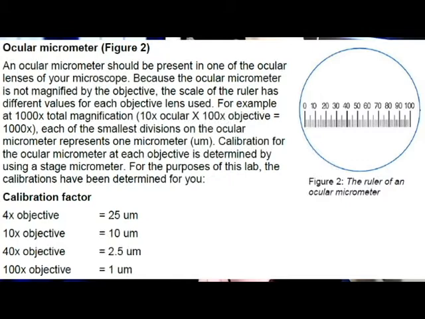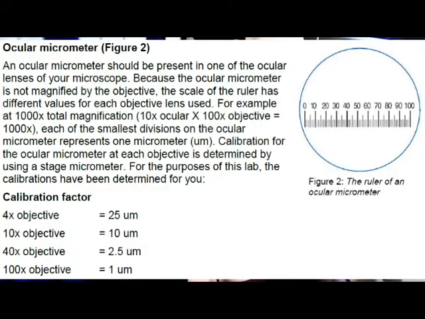So back to Josie's question. The way that we gauge the size of what we're looking at through the microscope is what the ocular micrometer is used for, and I think this is where you're going with the calibration factor question. So your 4x objective equals 25.